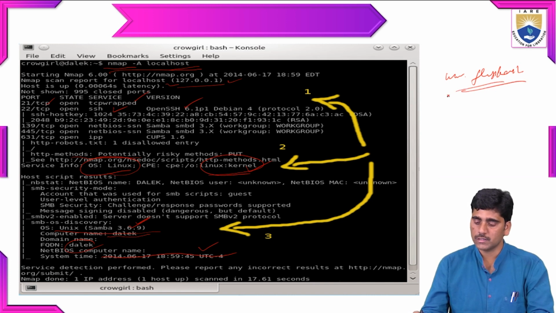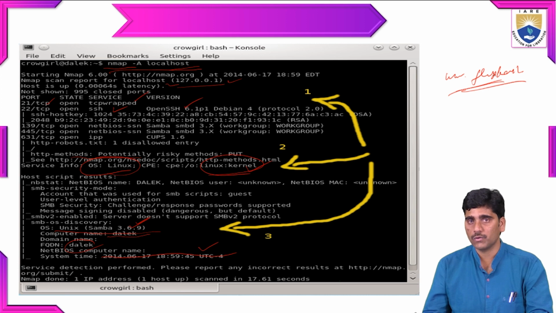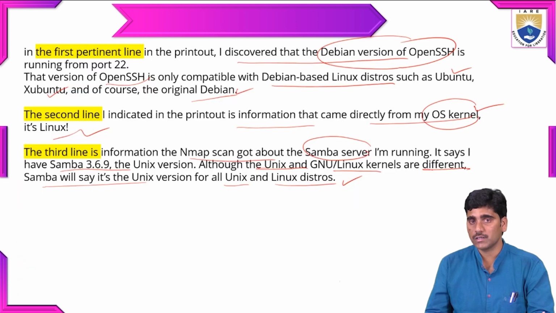It displays all the information about what type of operating system Flipkart is using, what type of kernel, and what type of server. Because we get all this operating system information, we can say that this concept is OS fingerprinting.